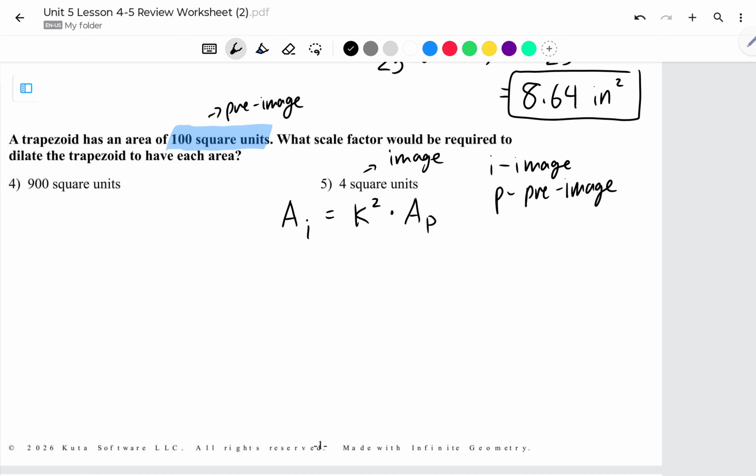So I would need to solve for k here. I'm going to practice getting k by itself. I know I have to divide both sides by the area of the pre-image. That cancels out, that cancels out. So we get this.